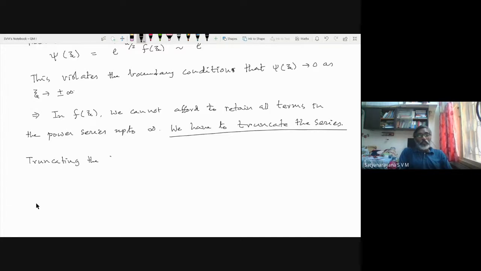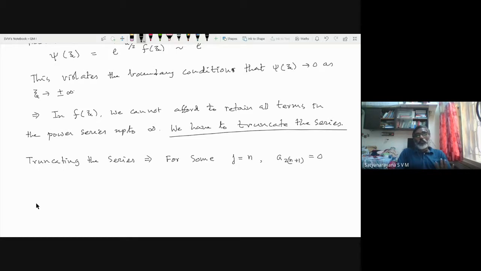Truncating the series implies that for some j equal to n, a_{2n+1} is equal to 0.